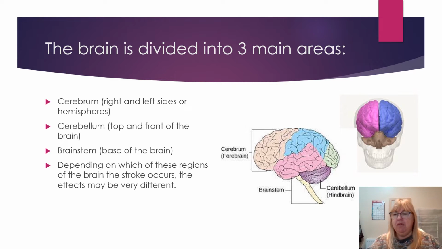And also, if you're looking at that picture there, which is very helpfully pink and blue, you can see that not only do we have these three different bits here, the brain is actually almost in two separate sections, okay. Two hemispheres, they're known as the right side and the left side.